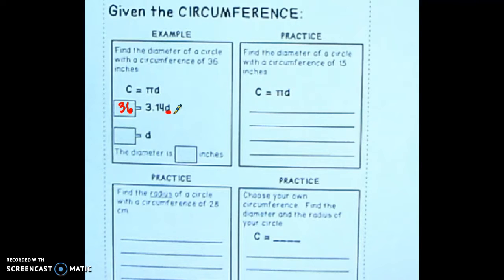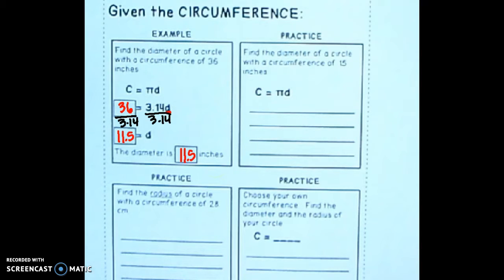So all this is a one-step equation. I divide by 3.14 on both sides. And 36 divided by 3.14 is 11.5. So the diameter is 11.5 inches.